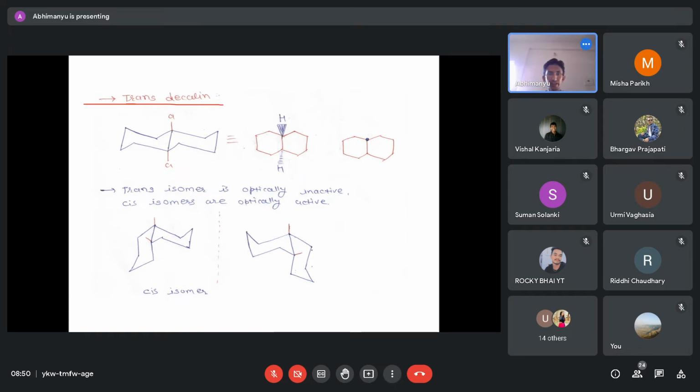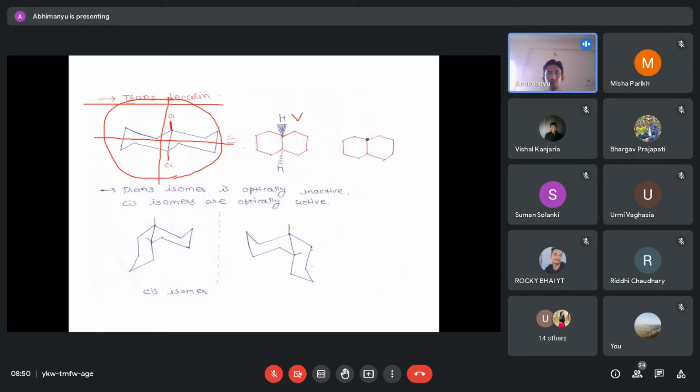Okay, 1 axial, 2 axial is the transdecalin. Transdecalin is a highly stable structure. Why? Ring flipping is not possible in transdecalins. Remember, ring flipping means only one structure. In this structure there are diaxial interactions, diaxial repulsion.